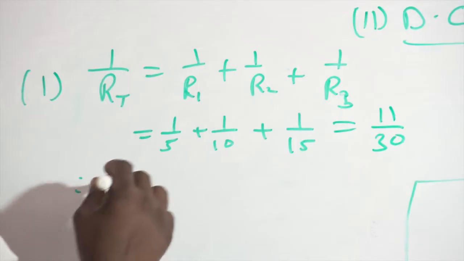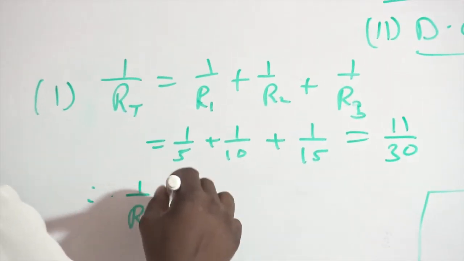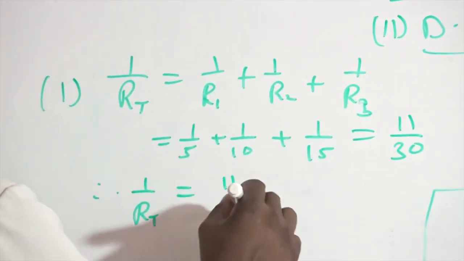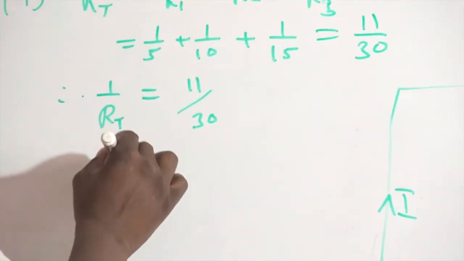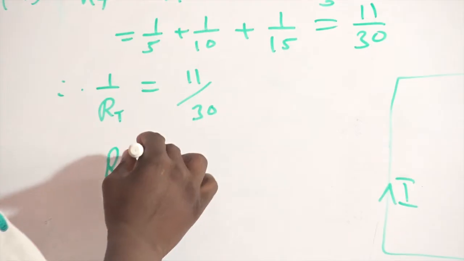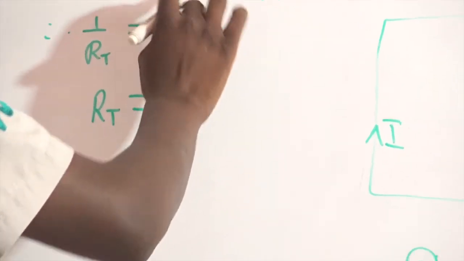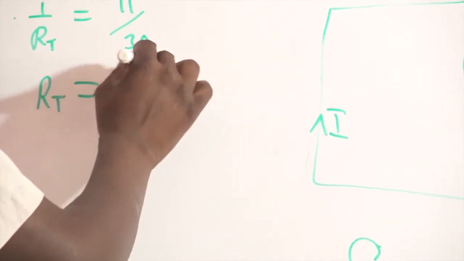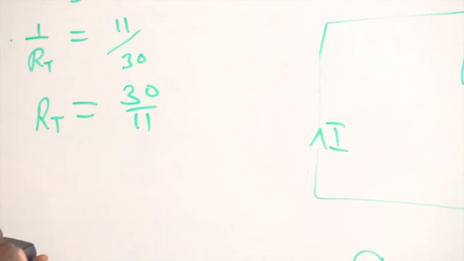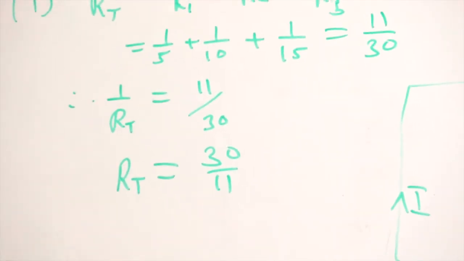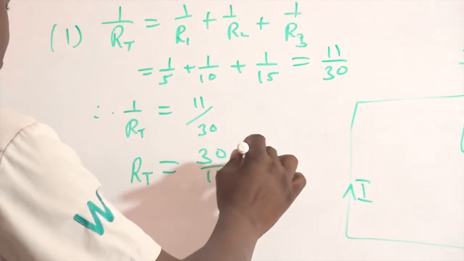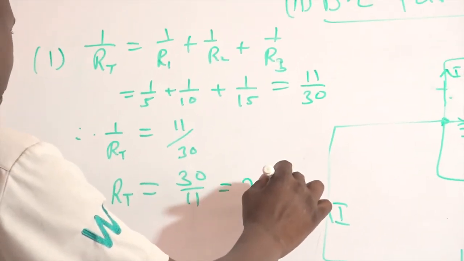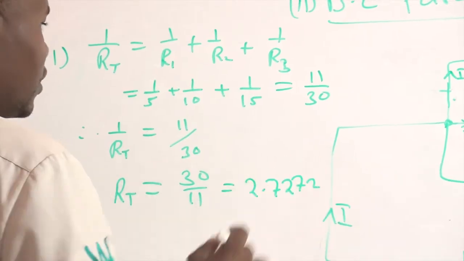That implies that 1 over RT is 11 over 30. If you reciprocate this so that RT is on the top side, 30 will be up and 11 will be down. So the answer here is 2.727 ohms.